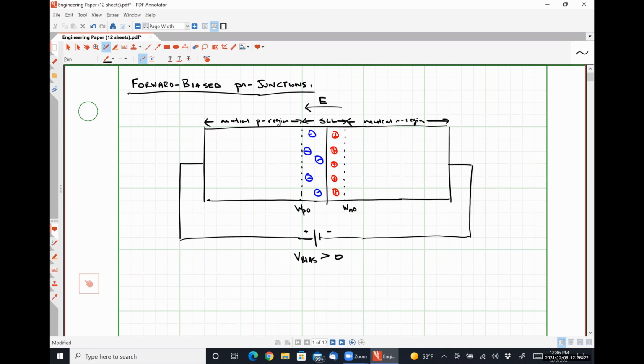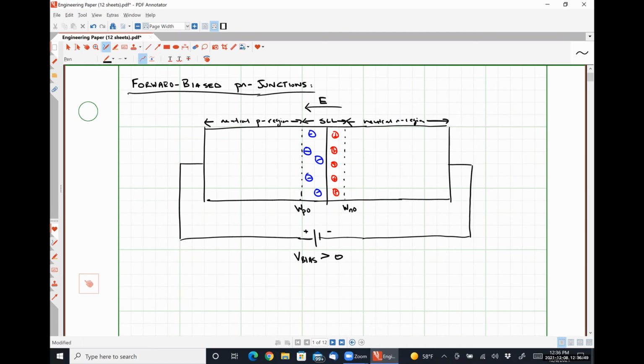Another way to think about it: over here in the neutral N region, we have a very, very high concentration of electrons, right? If we have a very high concentration of electrons, what would we expect the conductivity to be? High, which means the resistance in the neutral N region would probably be pretty low, right?